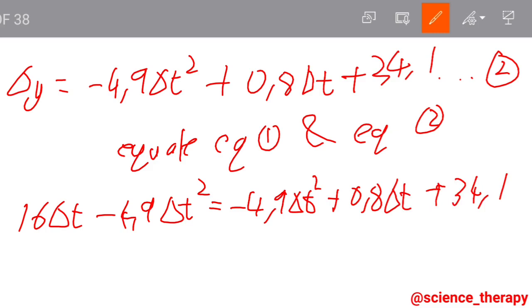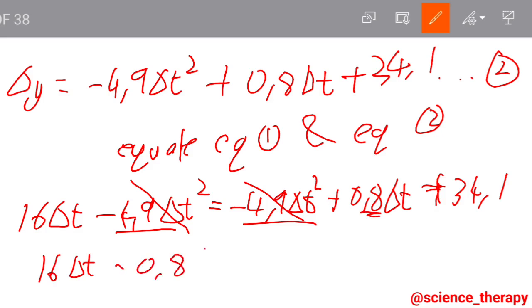Now we can see that we have like terms here which will cancel out. So if you transpose that one, it will cancel out with this one. Now we are left with 16 delta T, transpose this one, minus 0.8 delta T is equal to 34.1, right?